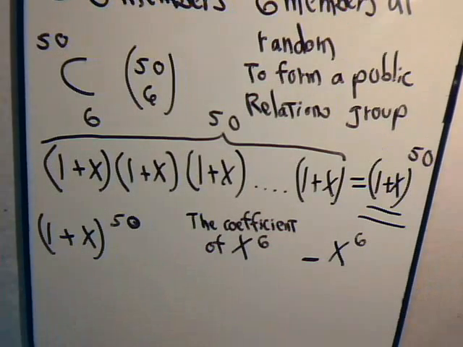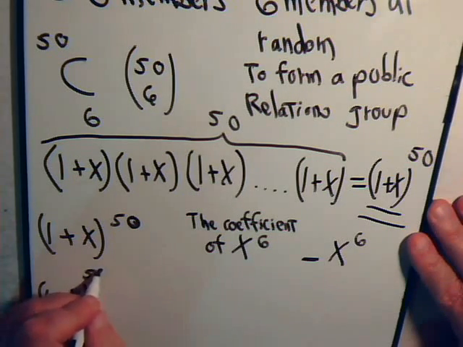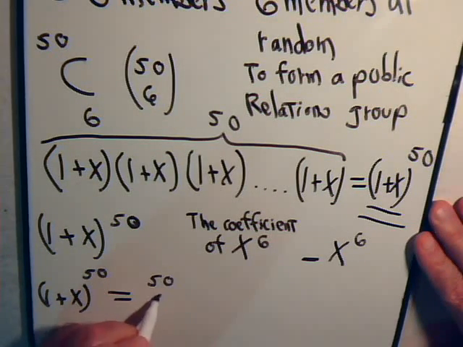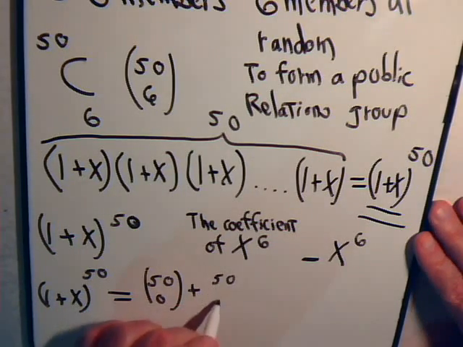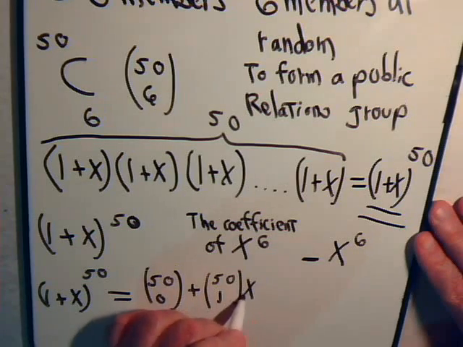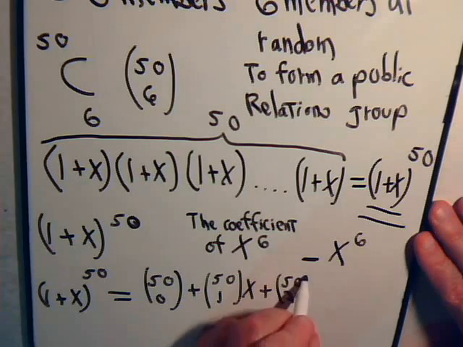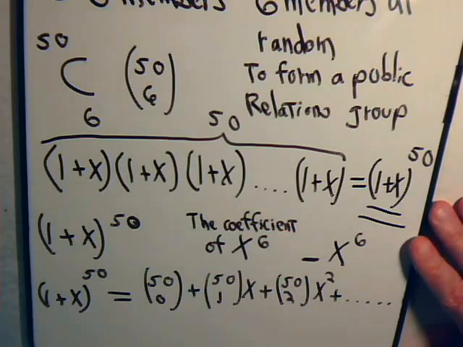So now is when we're going to use our knowledge from the previous videos when we were dealing with the binomial theorem, because we know this. That is equal to, it's a very simple expression, and it just keeps going like this.